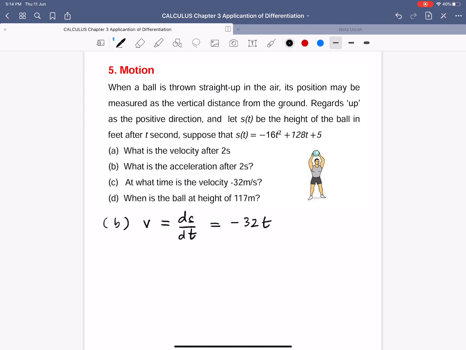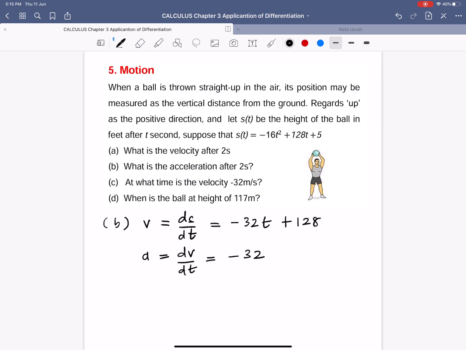This is based on question A: negative 32t plus 128. Then we can find the acceleration a by finding dv/dt. So dv/dt is negative 32.